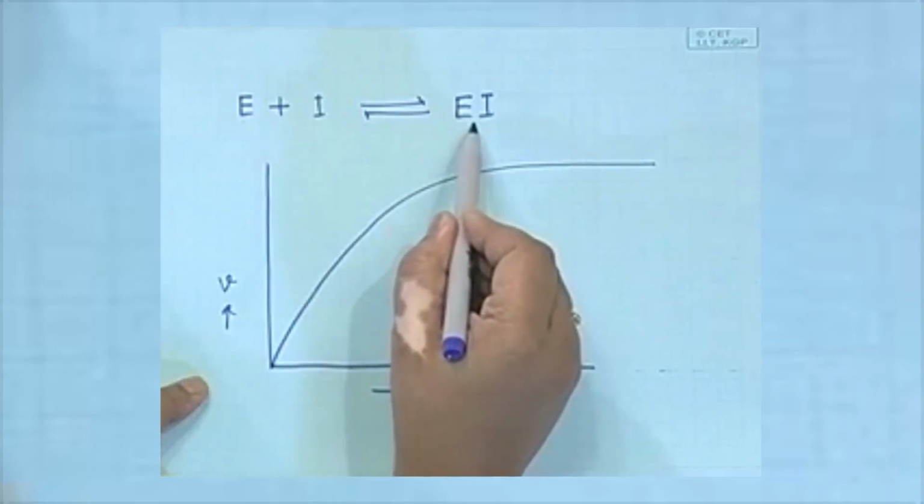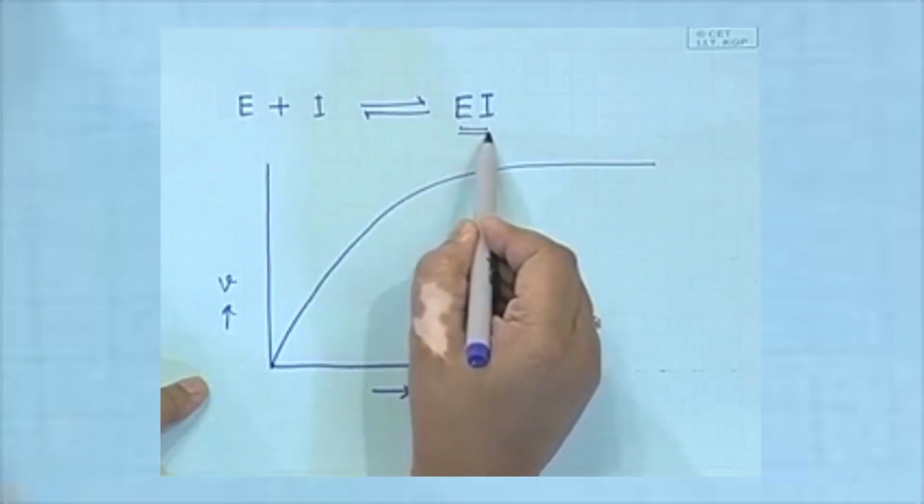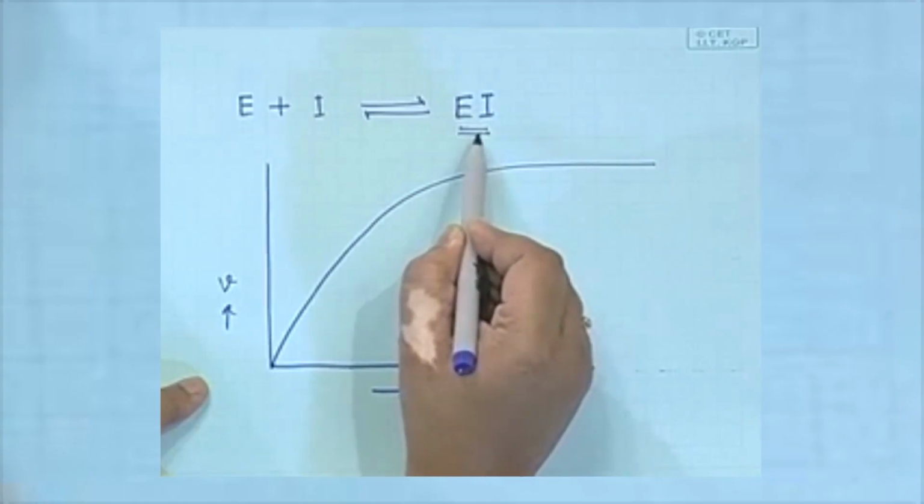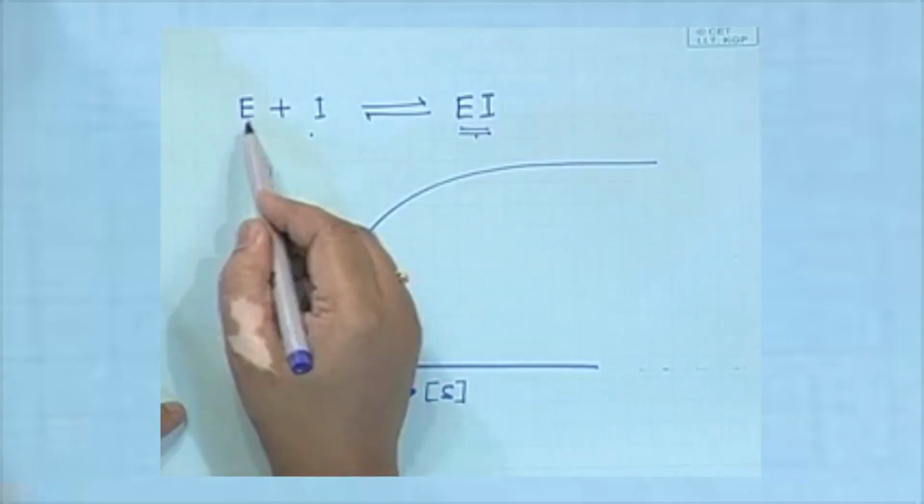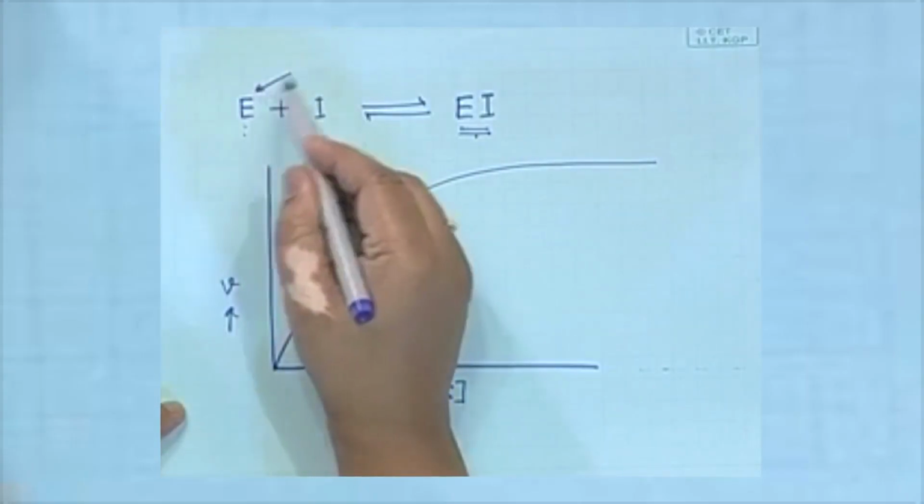Since I have an equilibrium here, the enzyme inhibitor complex also dissociates to the enzyme and the inhibitor. So once the enzyme is available again, the substrate can form the enzyme substrate complex.